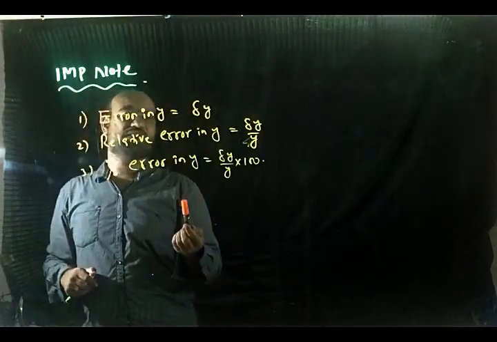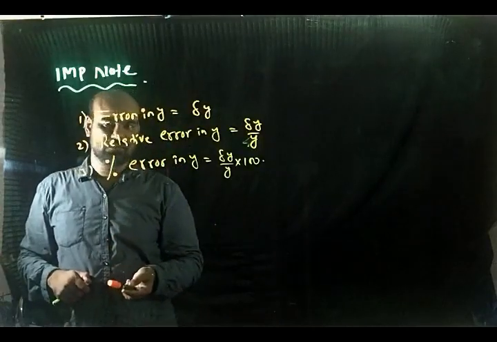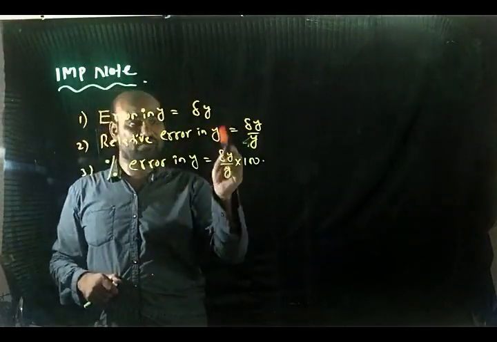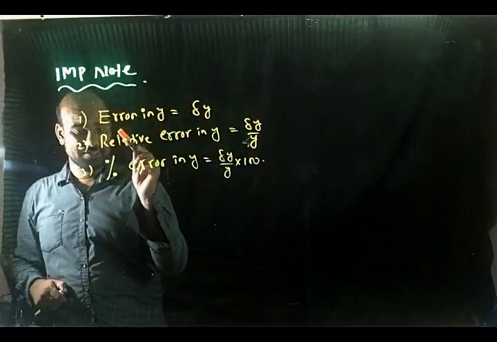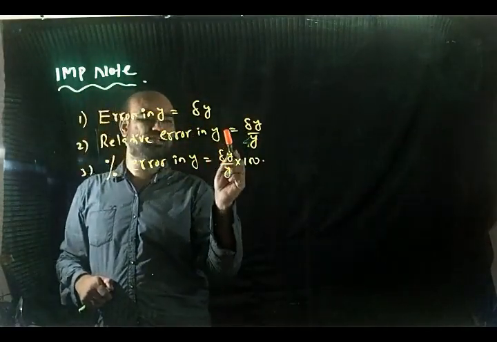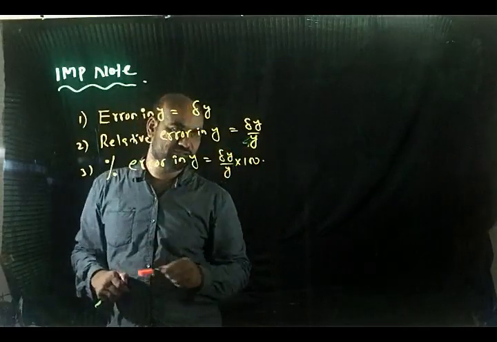We want to find error in Y, we need to find delta Y. We want to find relative error in Y, we need to find delta Y by Y. Sometimes we need to find percentage error in Y, we need to find delta Y by Y into 100.